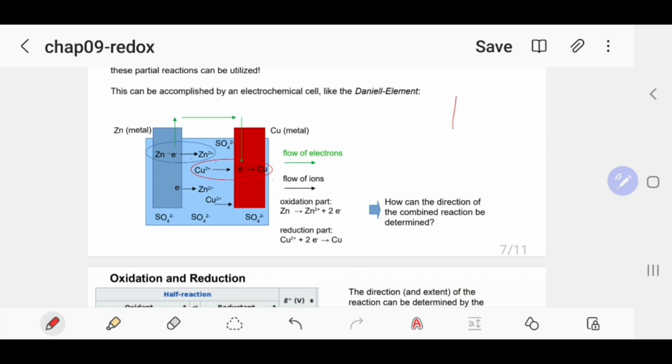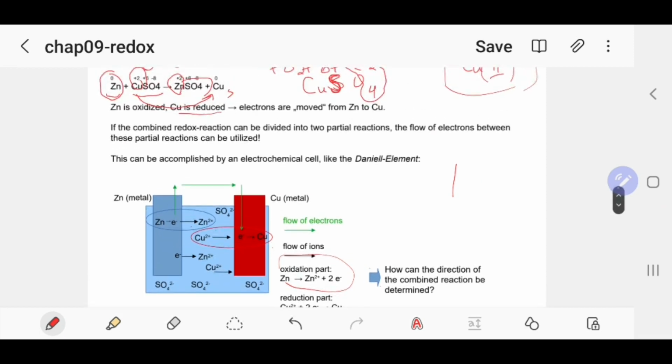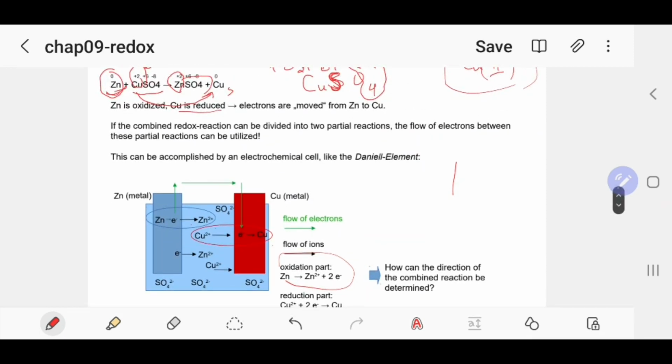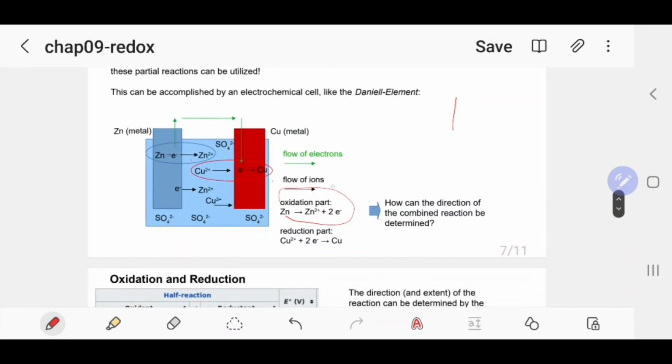The zinc here went from 0 to +2, which means it gave away 2 electrons. So the zinc, from zinc solid to zinc aqueous in water, gives 2 electrons and becomes Zn2+.